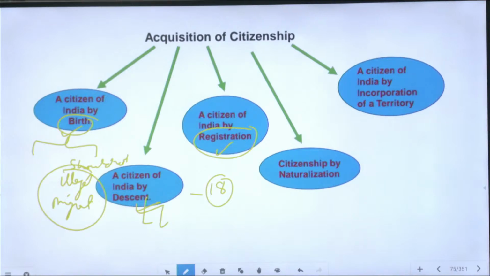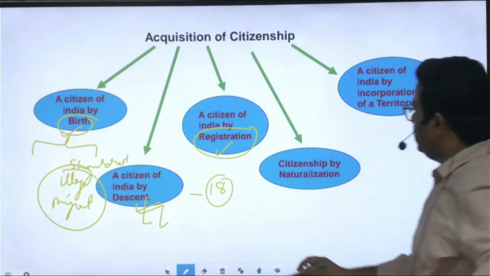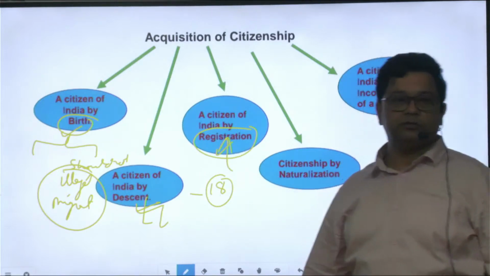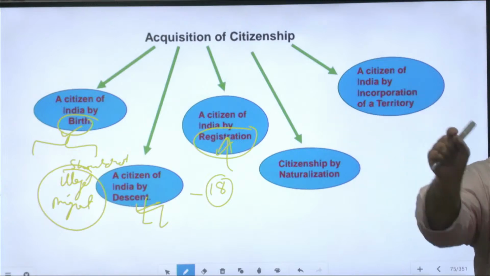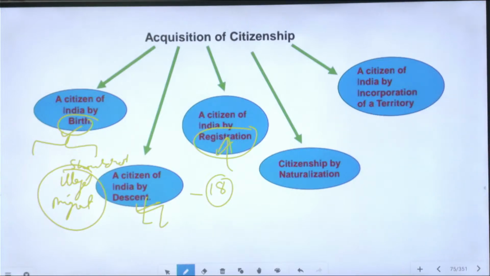But if both parents have voluntarily given up their citizenship and acquired the citizenship of foreign nations, then after the age of 18, if he wants to acquire citizenship, he can register himself at the consulate or embassy or anywhere. Yes or no? ठीक है?